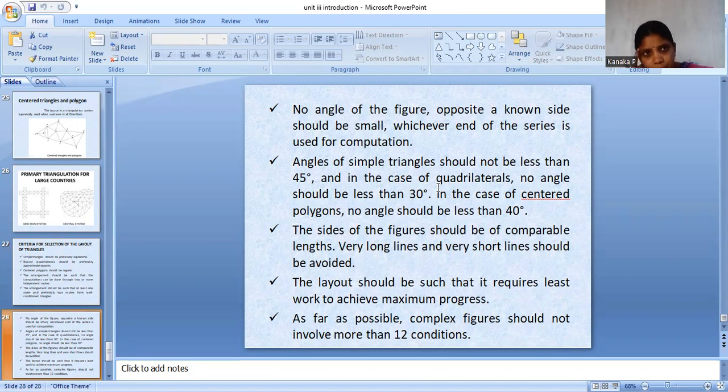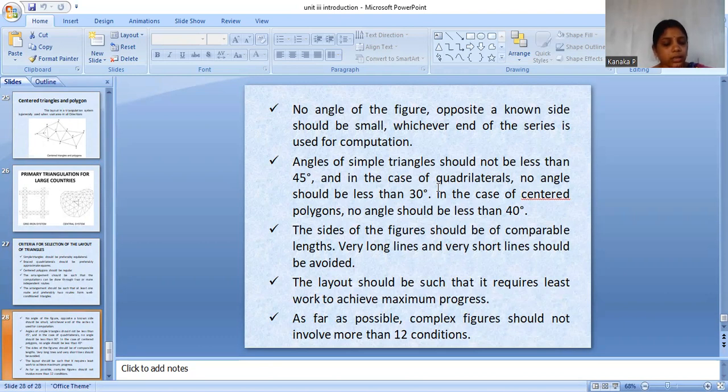Quantity is made in connection with the survey: the independent quantity, the conditioned quantity, the observed value of the quantity, and the true value of the quantity. Observation means the numerical value of the measured quantity. The types are direct observation, indirect observation, weight of an observation, and weighted observations.